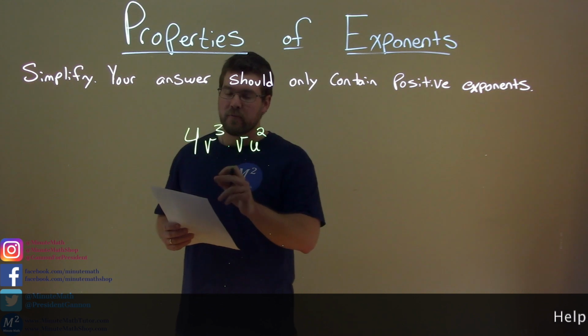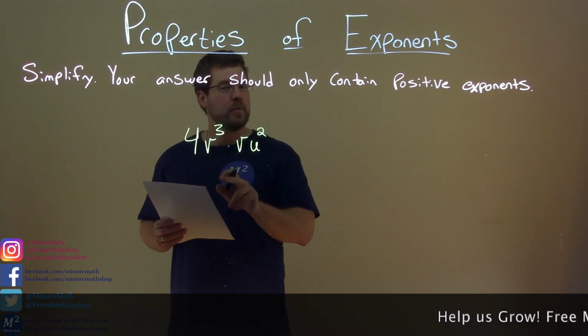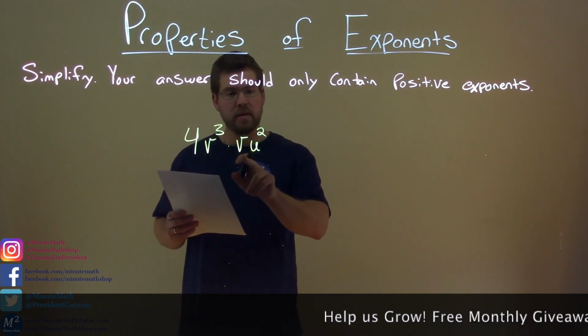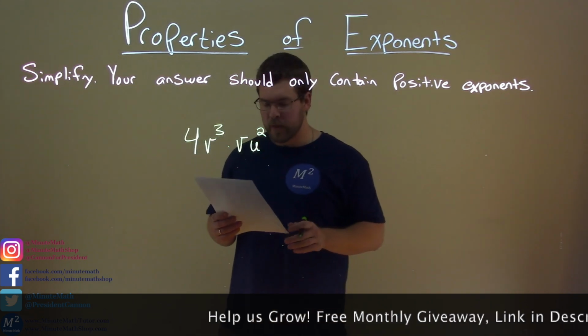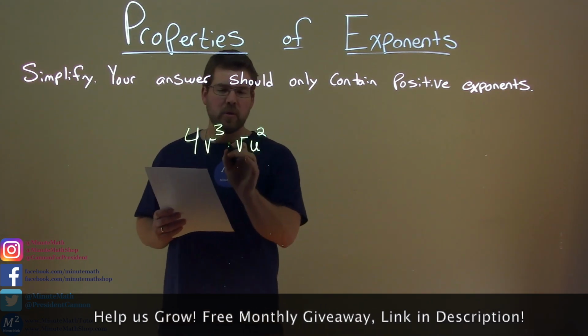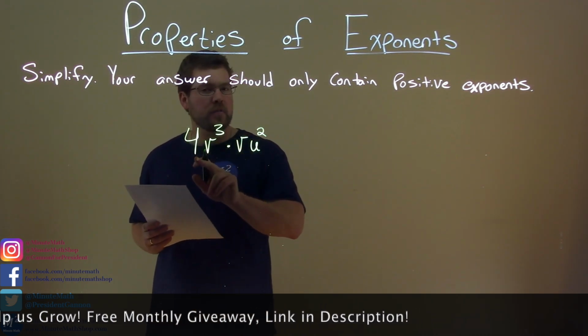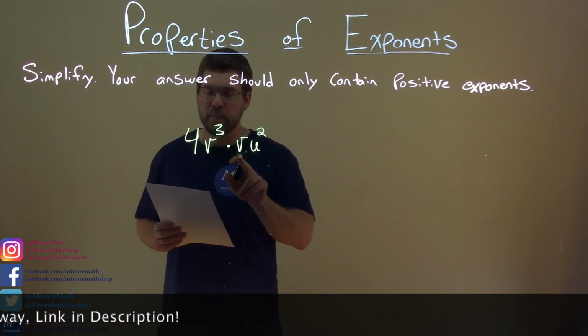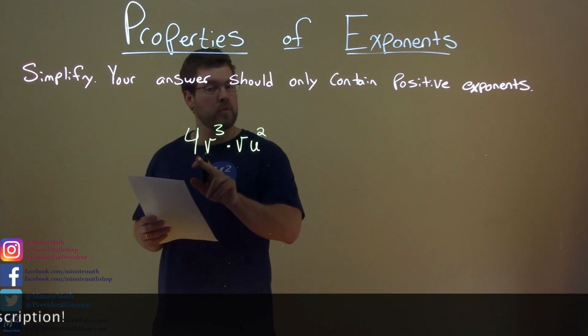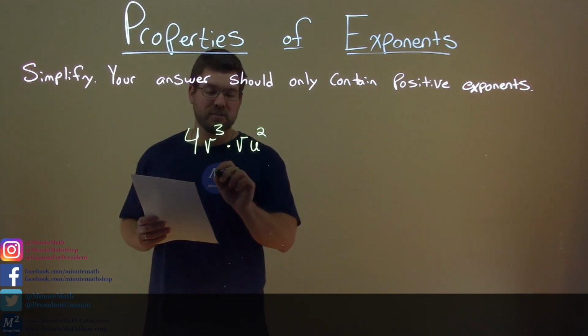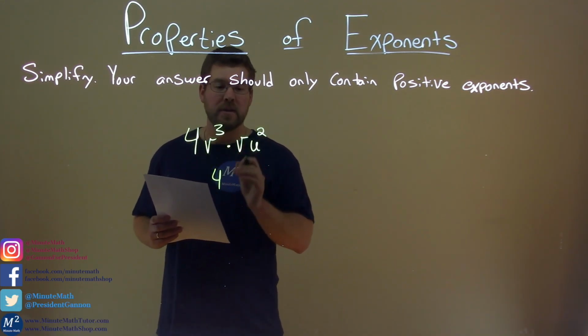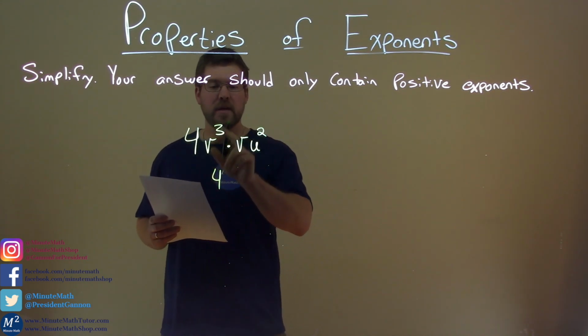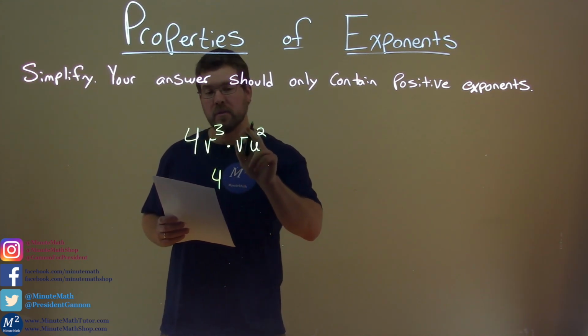We need to simplify 4v to the third power times vu squared. Well, one thing we're noticing here, we have a coefficient of 4 here, and in front of this v is a coefficient of 1. 1 times 4, multiply them together, and we get just 4. So now let's deal with the v's. V to the third power times v to the first power.